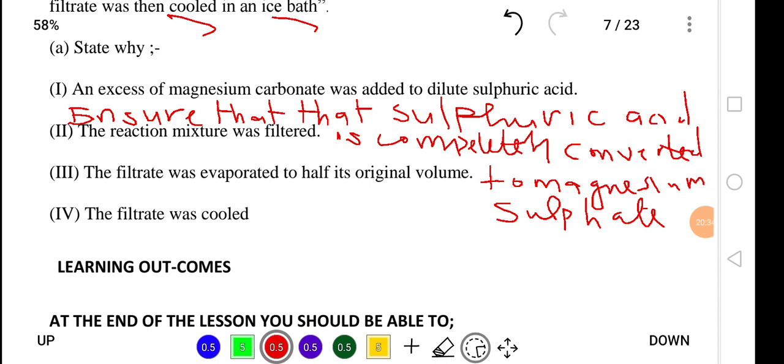So to ensure that all the acid is neutralized and converted to magnesium sulfate, that's the reason why excess magnesium carbonate was added.